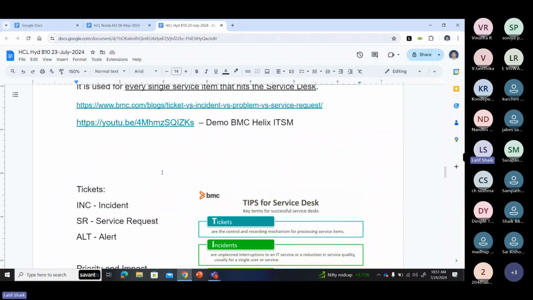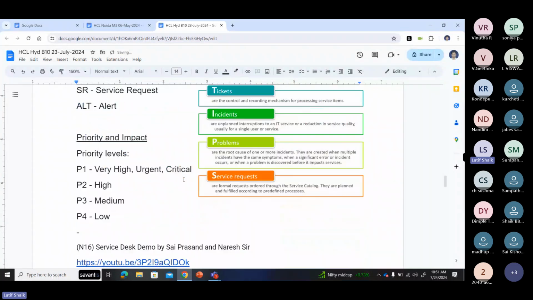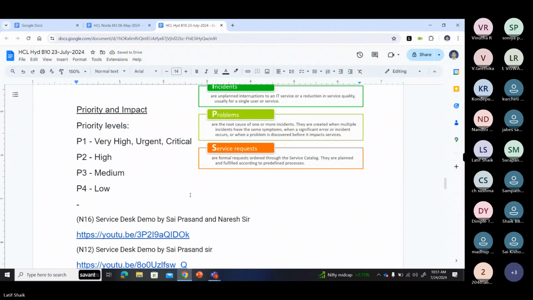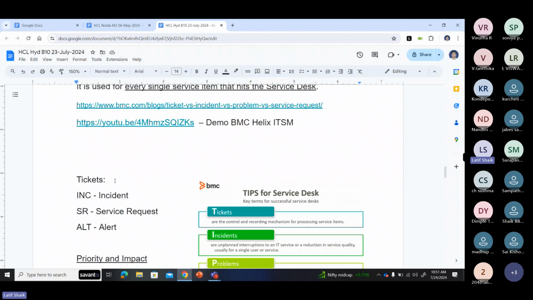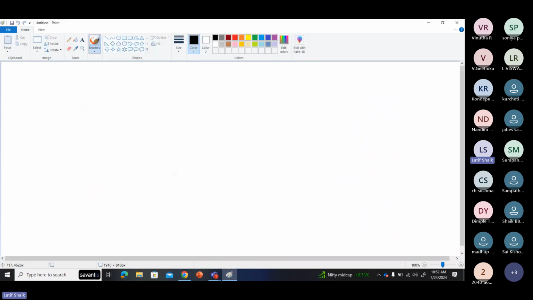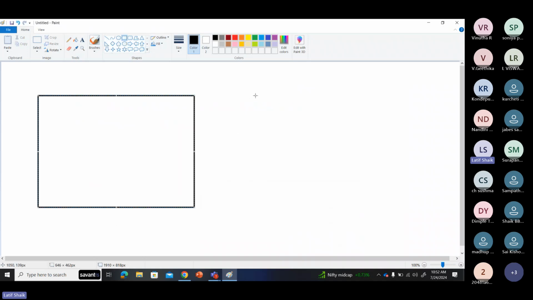Now we will discuss ticket types. Different types of tickets are there, guys. So you reach the service desk, here is your organization, and either it is internal customers or external customers.